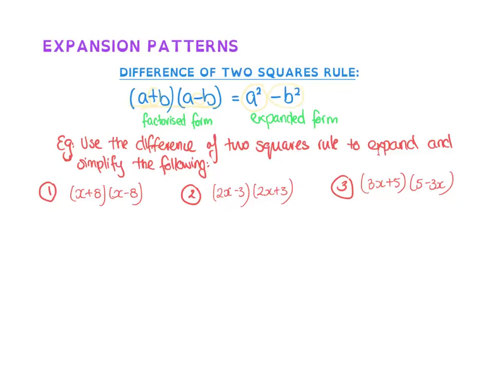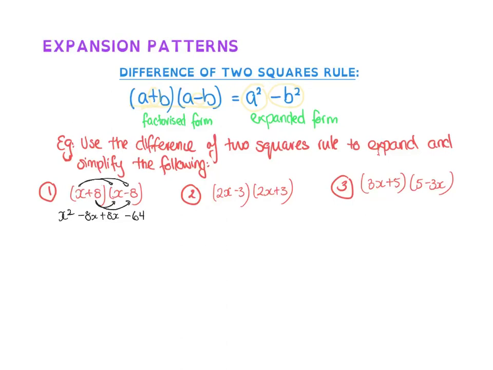So let's have a look at the example here. I'll do the first one like we would normally do it so you can see. If we expanded it out like normal, we do x times x, which is x squared, and x times negative 8, which would be negative 8x. Then 8 times x, which is plus 8x, and then 8 times negative 8, which is negative 64.